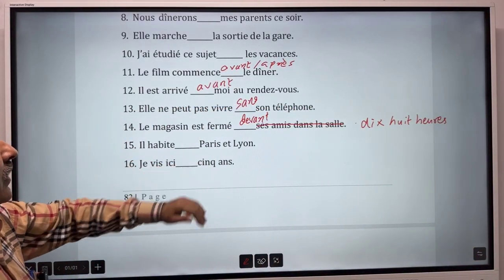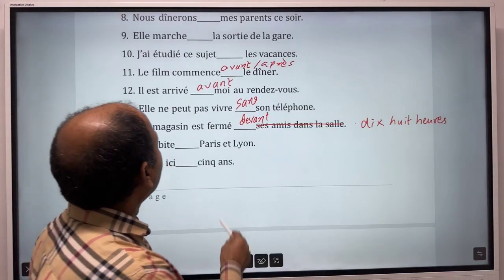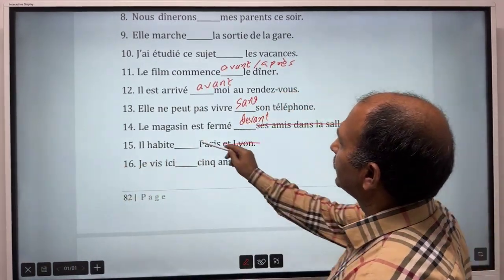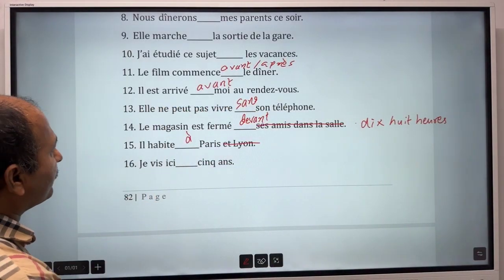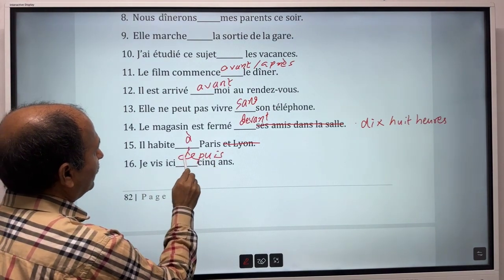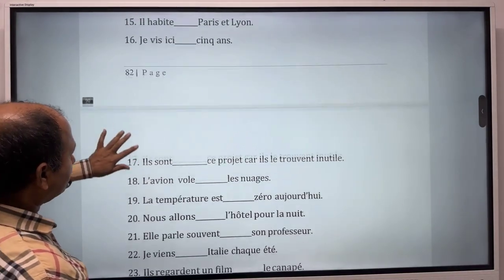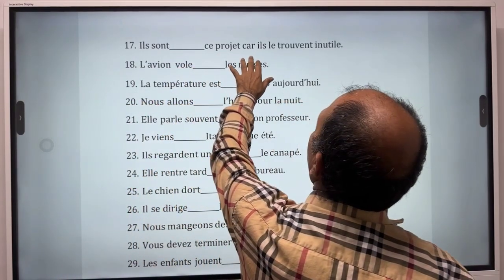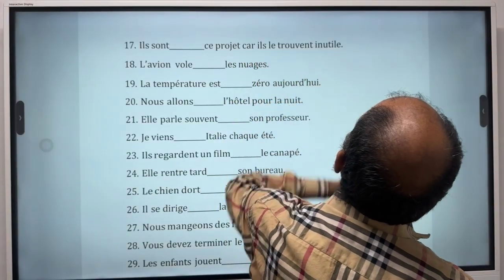Elle habite Paris et Lyon. Here again sentence should be elle habite à Paris. Je vis ici depuis. I have been living here, depuis, DEPUIS. Then, ils sont contre ce projet car ils le trouvent inutile.